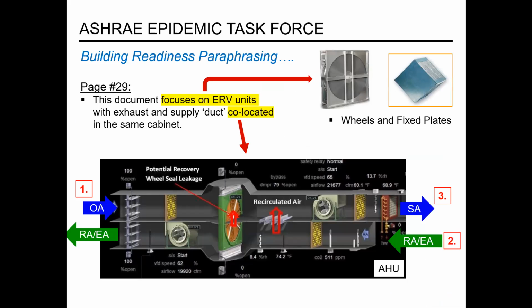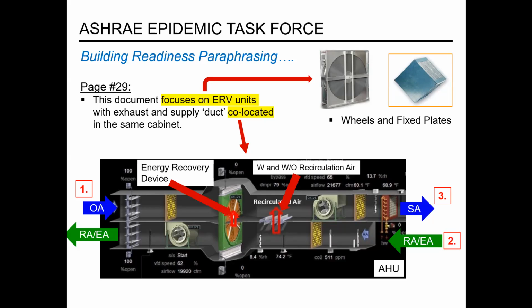It was shown in both documents, so I took a snapshot and put it in here. This is a cutaway of an air handling unit that has an energy recovery device. We have our outside air, or supply airstream, on the top. On the bottom, as number 2, we have our return air, or exhaust air. And within the picture, we have our energy recovery device in the center.